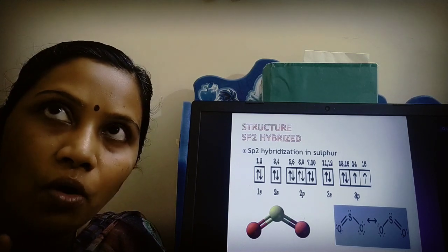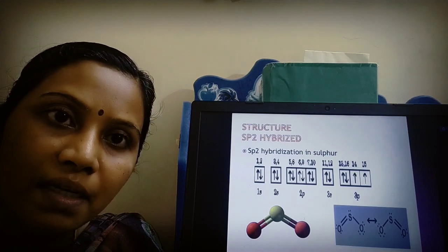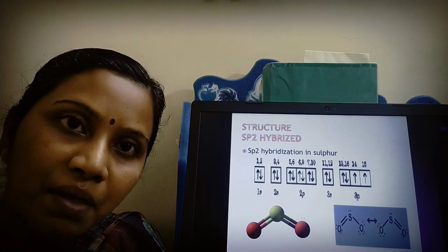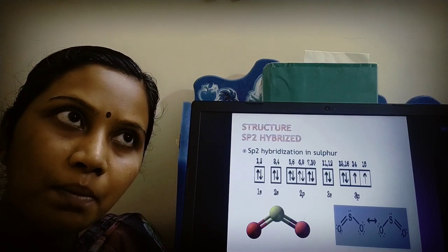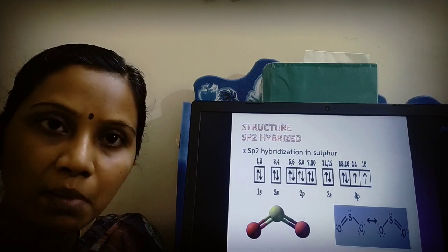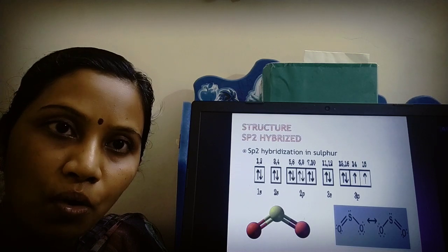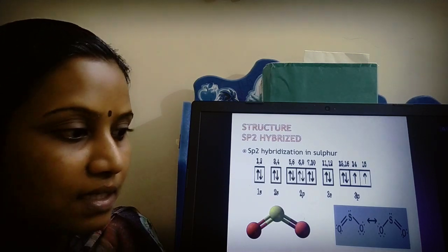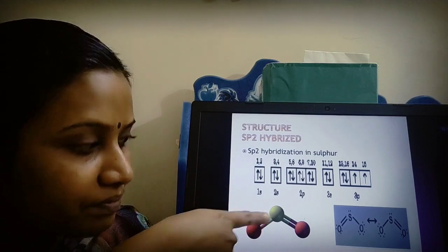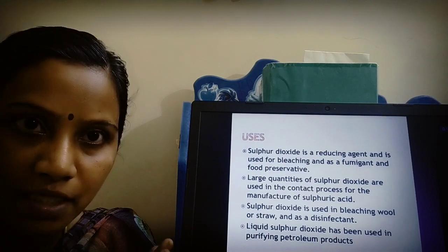We all know that carbon attached by single bonds is sp3 hybridized, carbon attached to a double bond is sp2 hybridized, and carbon attached to a triple bond is sp hybridized. Yes, so as per our concept, this is a double bond, which is nothing but sp2 hybridization. There are some exceptional cases too.